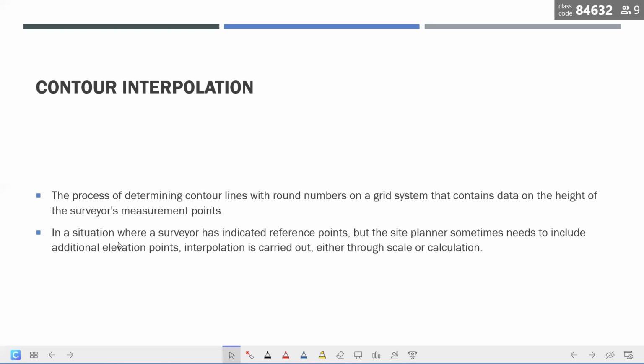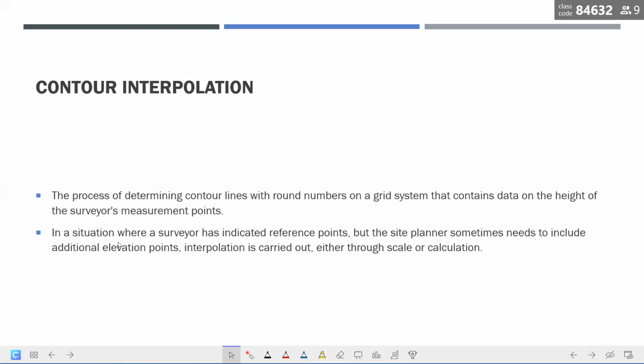Most of the time, contour lines are represented at intervals of 0.5, 1, 2, 5, or maybe 2.5, 5, and 10, and so on. Sometimes the intervals are too wide apart, and you might need reference points between an interval.